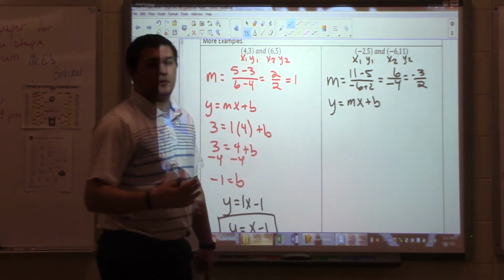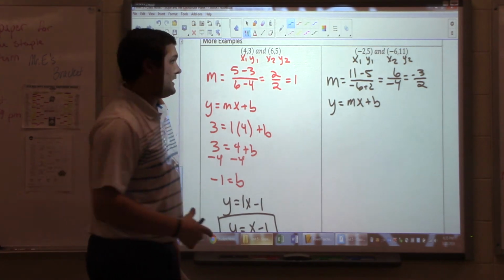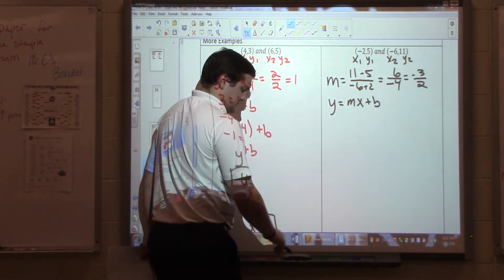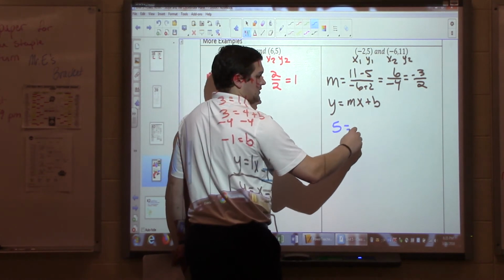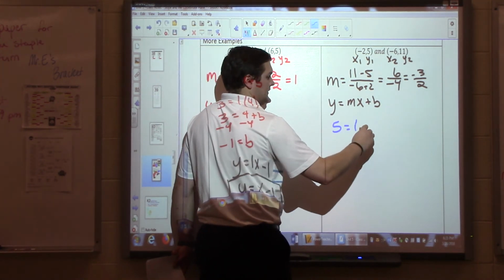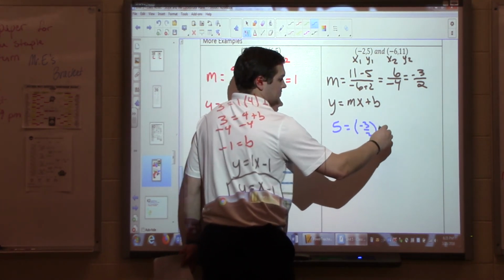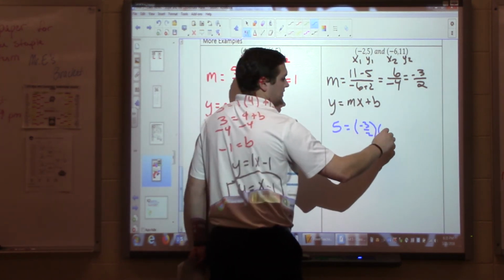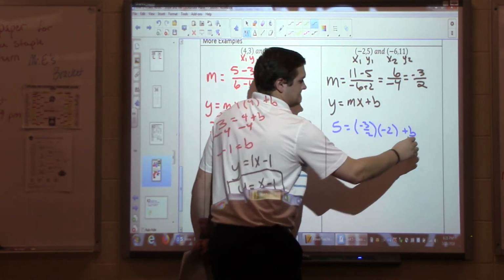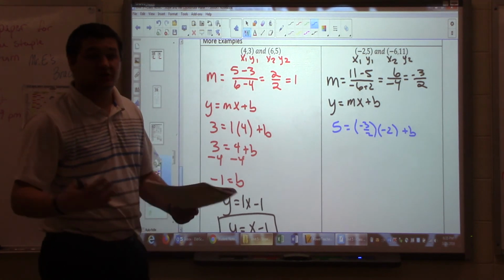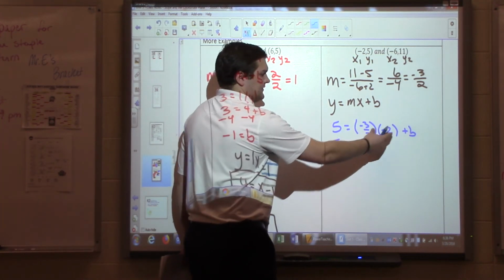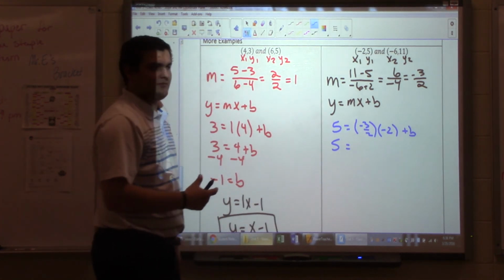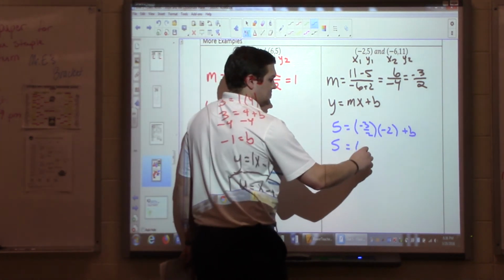So I'm going to take my slope and x1, y1, and I'm going to plug them in for y, m, and x. So my y value is 5 equals my slope, negative 3/2, times my x is negative 2, plus b. And then just solve for b. 5 equals negative 3/2 times negative 2 is going to give me positive 6.